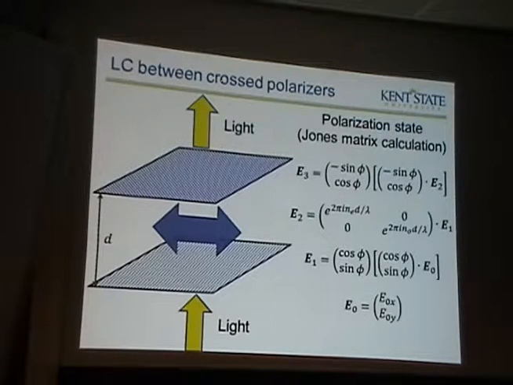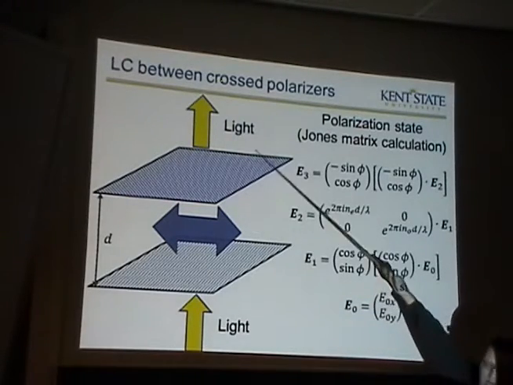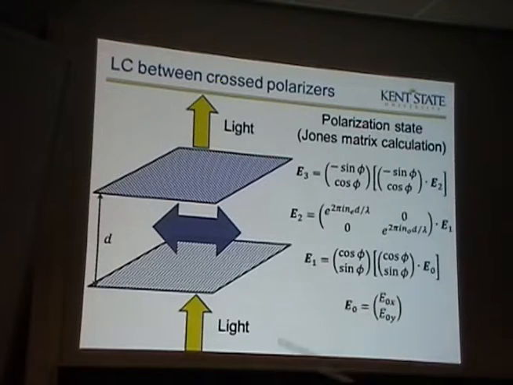Now if we want to keep track of what happens to the light as it's propagating through, the mathematical representation of what's happening to the light is this Jones matrix approach. Here you have to read these equations from the bottom to the top.